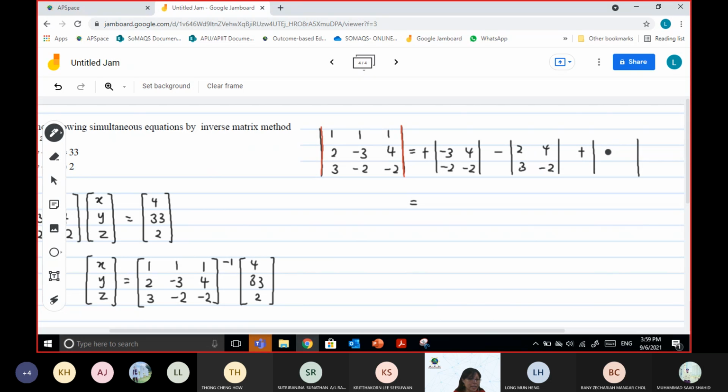And the third one, Saad. 2, 3, -3, and -2.